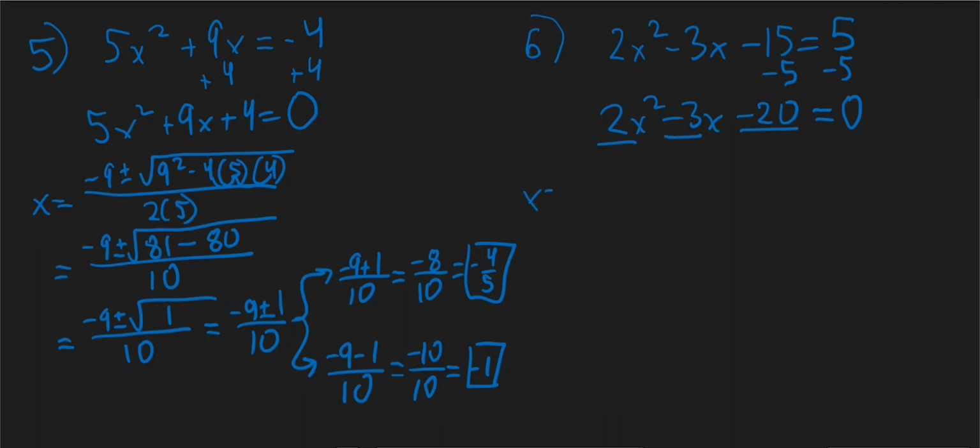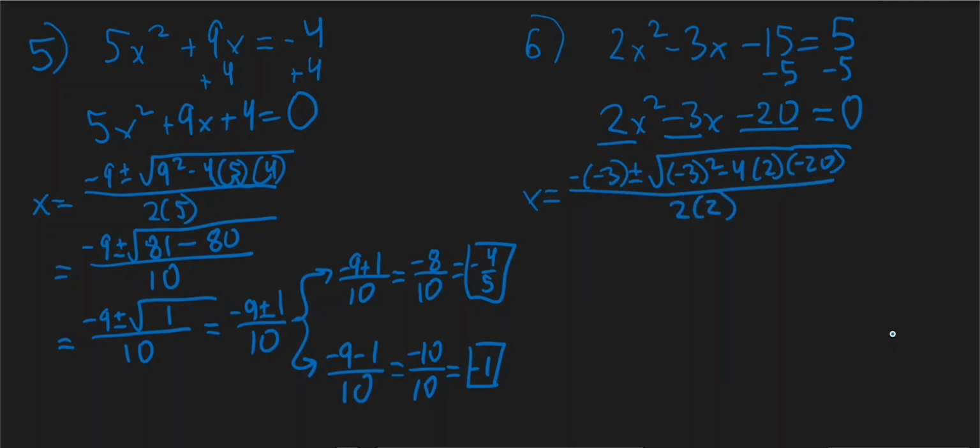We have x would be negative b, so negative of negative 3. And then plus or minus the square root of b squared minus 4 times a times c, and the entire quantity divided by twice 2.